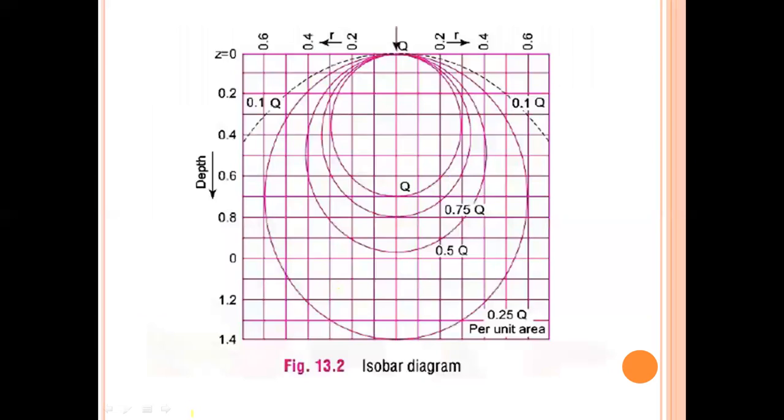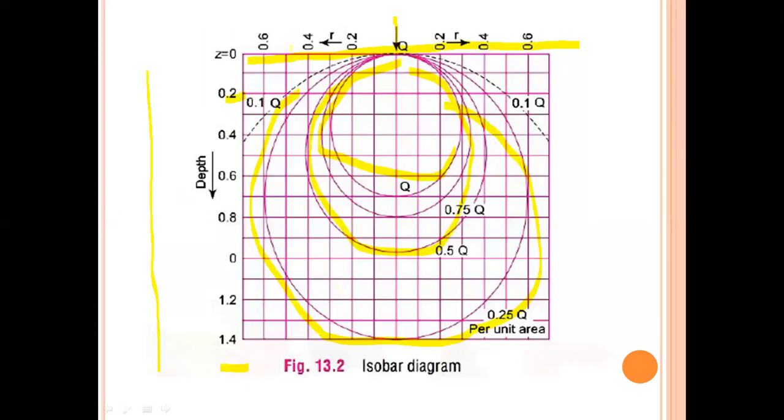It is the isobar data, and the isobar diagram is in the form of bulb shapes and contours. Each contour also forms a bulb shape, and the data is z equal 0 to 0.2, 0.4, and up to 1.4. It is the depth z value, and here the ground surface is the surface where the force is acting vertically, the q value.